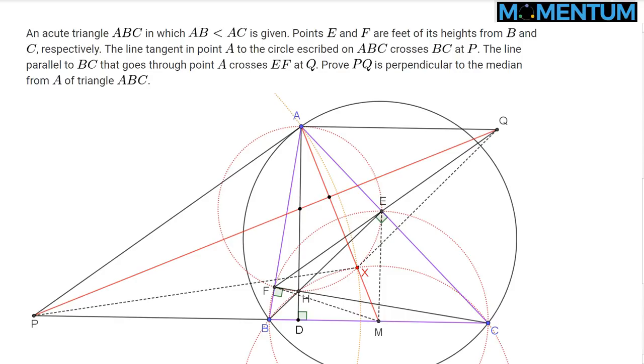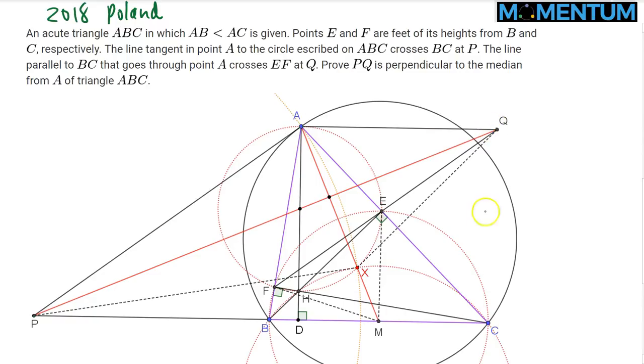But back to our problem. Again, we have our triangle ABC. Again, this is 2018 Poland, a second solution, Polish Math Olympiad. AM is the median of triangle ABC, and P is the intersection of BC and the tangent at point A to the circumcircle of ABC.